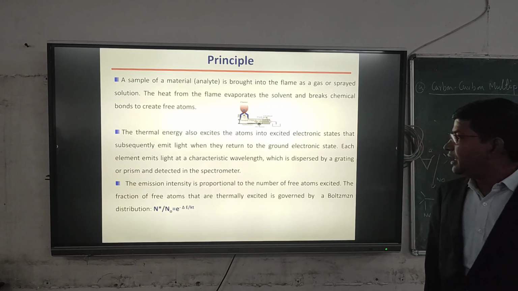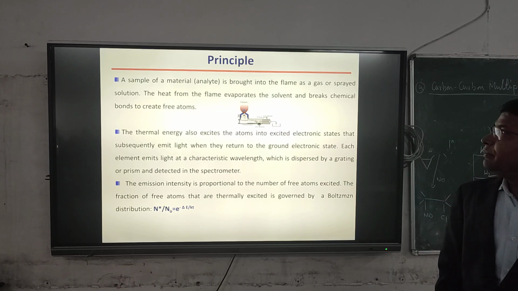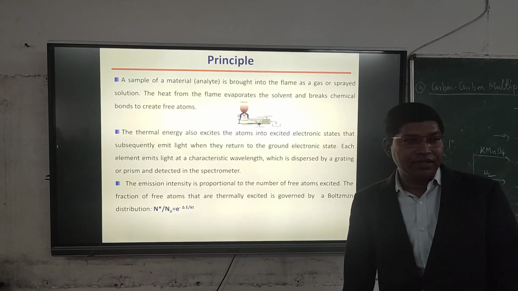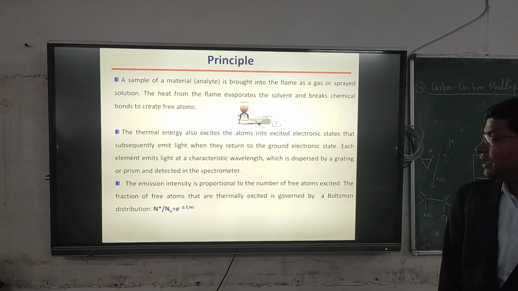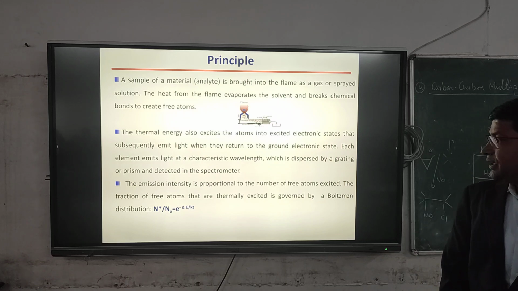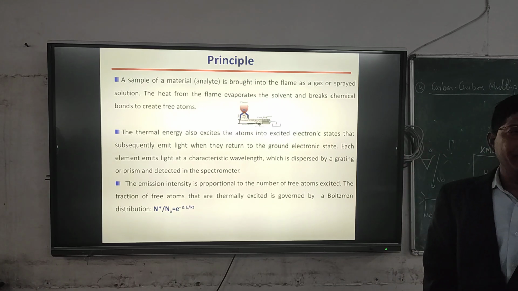Finally, as we know, the emission intensity in atomic emission spectroscopy depends upon the number of free excited atoms, which depends on the number of atoms in the ground state, as per the Boltzmann distribution law. So this is the principle of flame photometry.